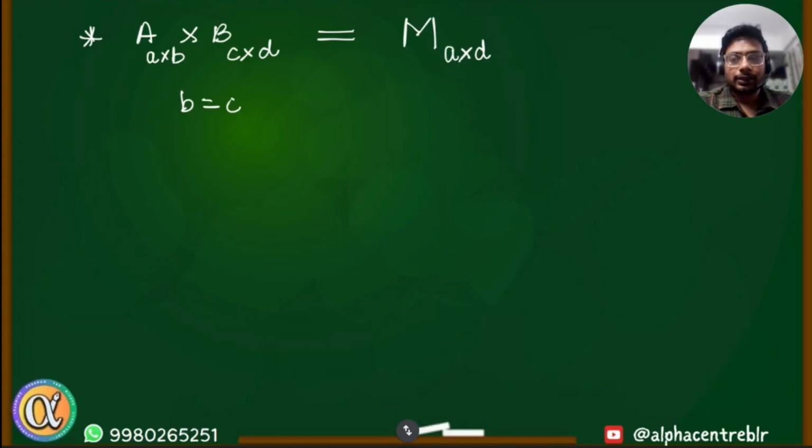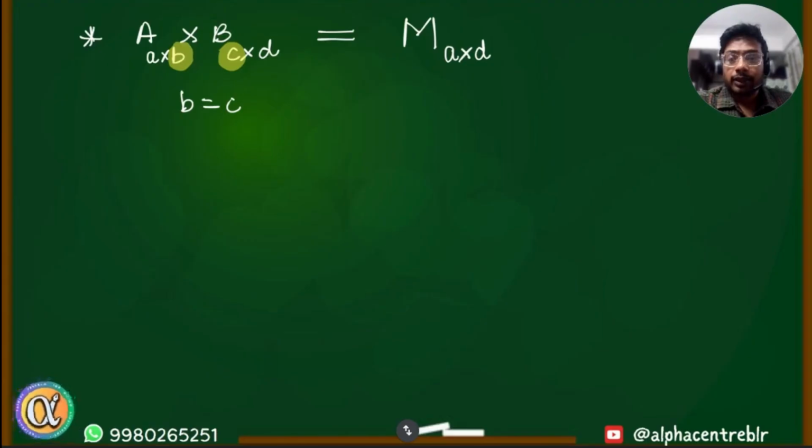Okay, that's correct. So just to quickly recap, when you multiply A and B, the first condition to check is B is equal to C. If they're equal, then only they can multiply.